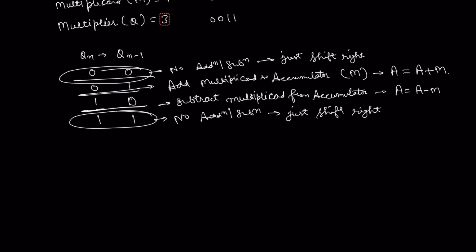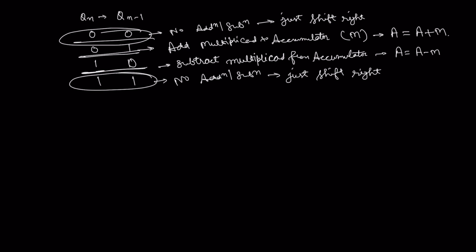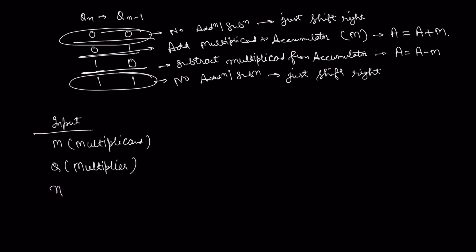So just see the pseudocode of this algorithm. How will this work? We have input for multiplication: M, this is the multiplicand, Q, the multiplier, and N will be the number of bits in signed form.